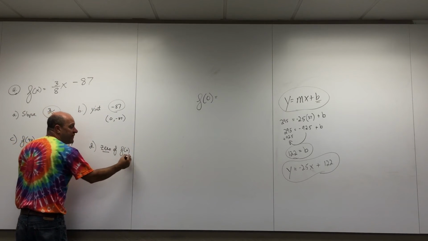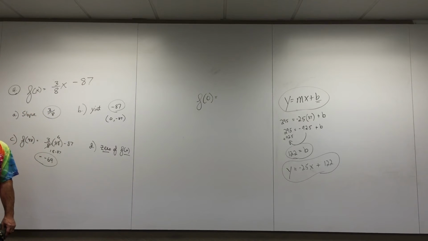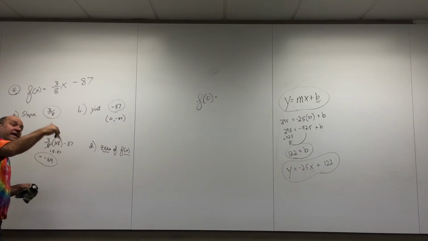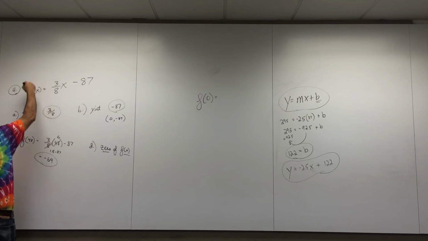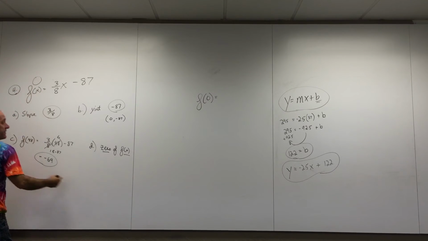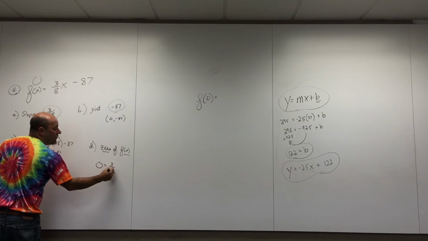The 0 of a function is when the function equals 0, which means y equals 0, and I'm looking for the x. The 0 is the x value that makes the function equal to 0. So I'm plugging in a 0 for the function, and I'm trying to solve for x.